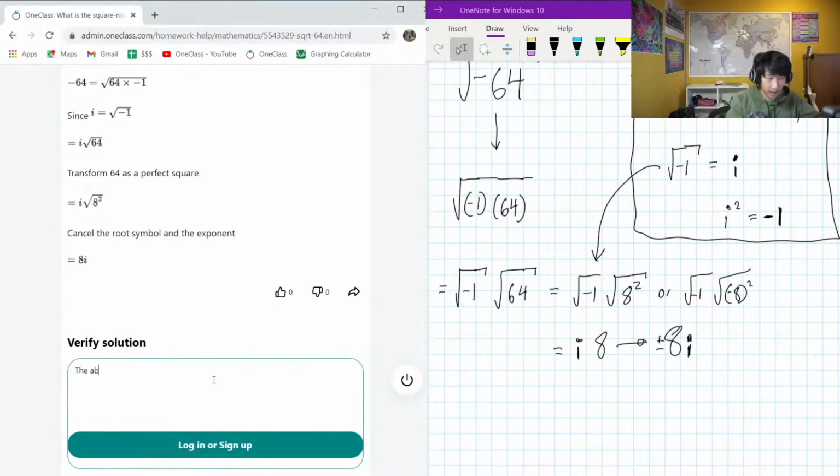Okay, so the above solution is good, but the answer would be better with plus minus, as negative 8i and positive 8i are the square roots of negative 64. Cool.